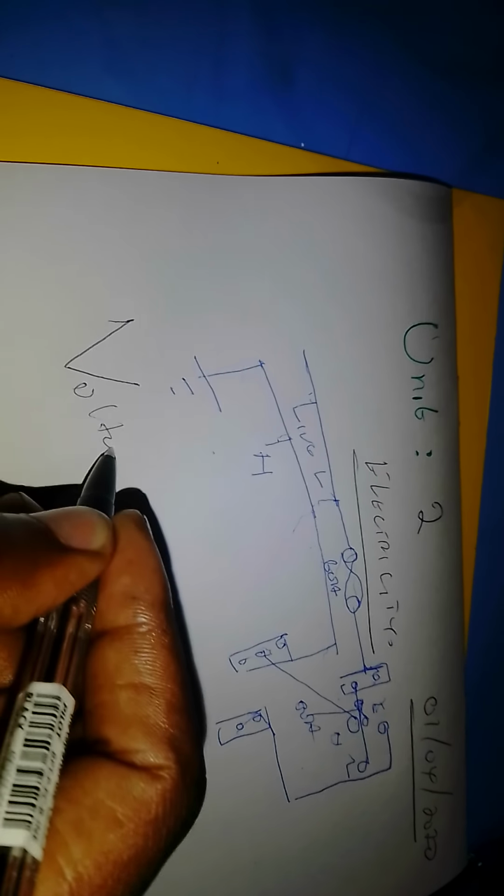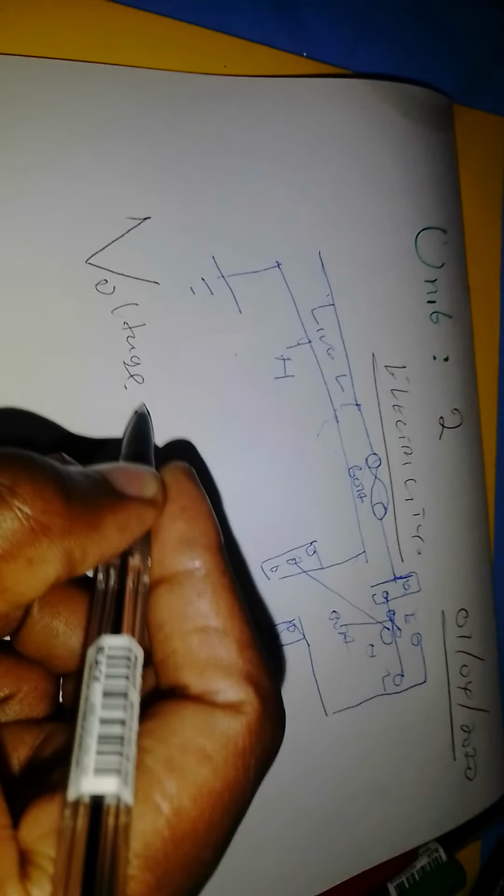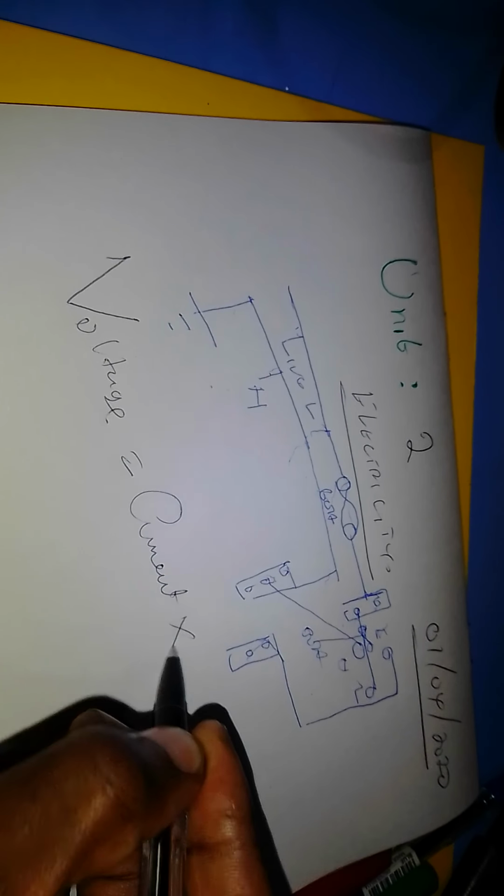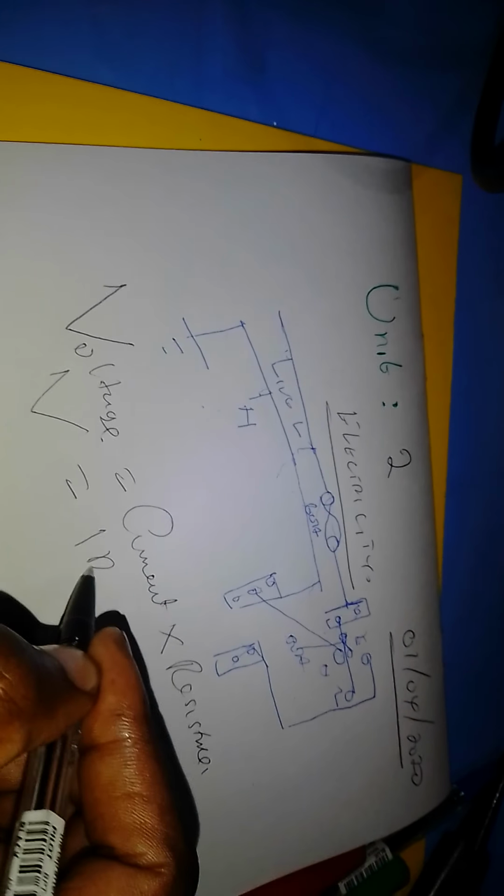We can first say that voltage is equivalent to current times resistance. Very, very important. Therefore, V is equal to IR.